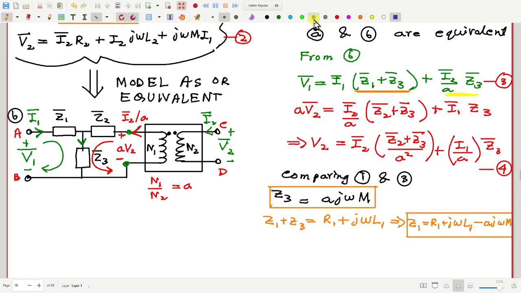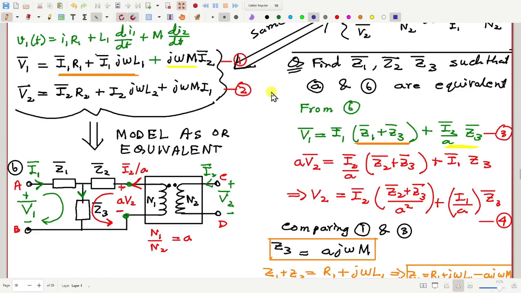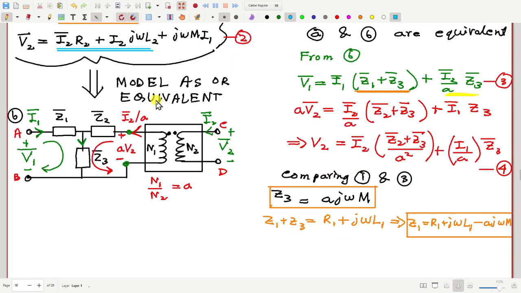In the same way, can we find out the value of Z2? For that, let us consider equation number 2 and look at the coefficient of I2. That is R2 plus j omega L2. And in equation 4, the equation of V2, the coefficient of I2 is Z2 plus Z3 by A square.